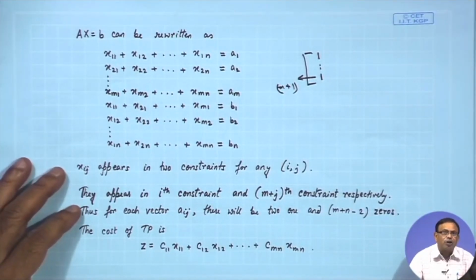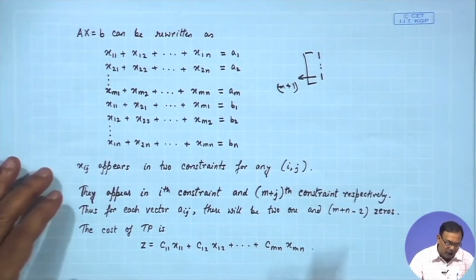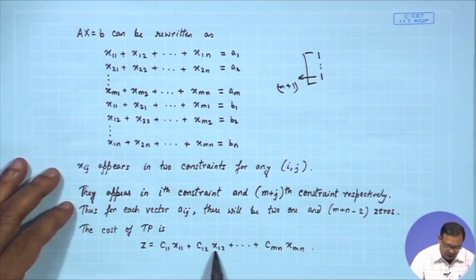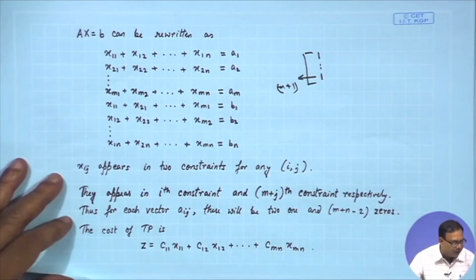So, the cost of transportation, we can write down as z = c11 x11 + c12 x12 + ... + cmn xmn.